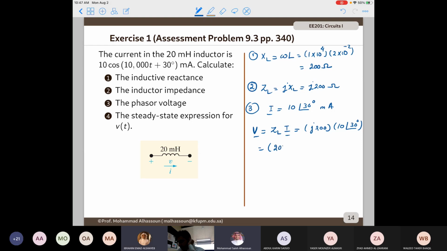It is e to the power. So this is the polar form of J200. If it's minus J200, then the angle will be negative 90. Okay.